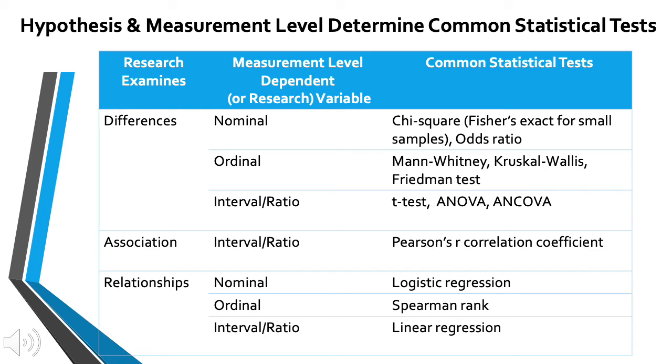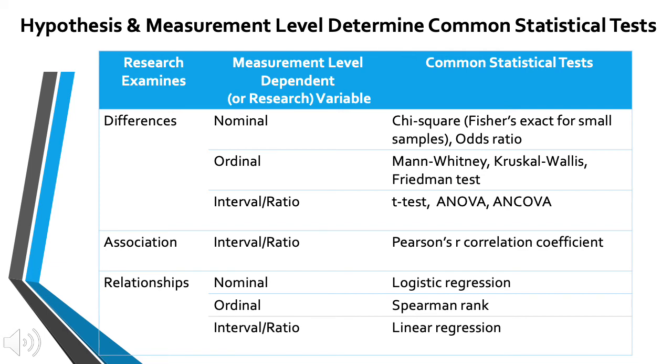Relationships among two or more variables can be tested using regression and other types of modeling to predict outcomes. Logistic regression uses a dependent variable that has two categories, such as yes or no, whether my patient has hypertension or not. Linear regression uses a continuous dependent variable, such as depression score or birth weight.